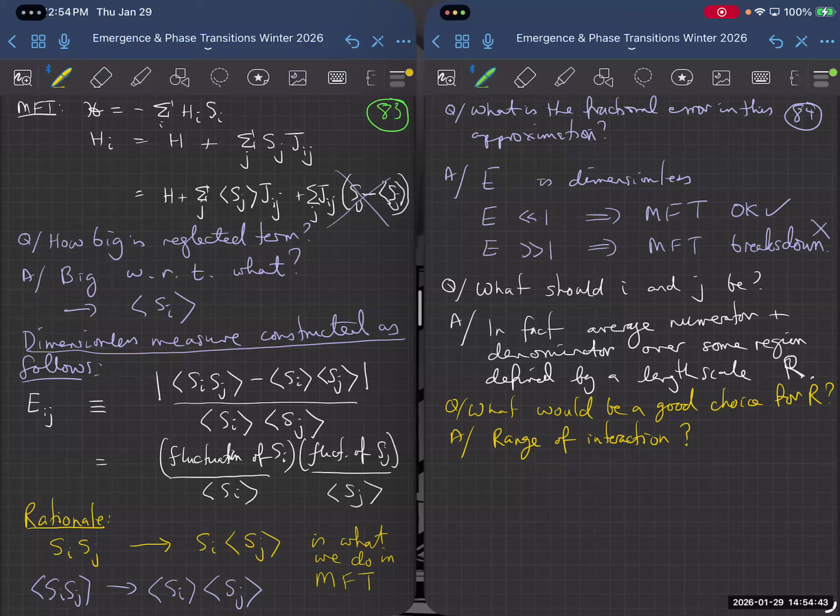What I showed you last time was that the range of correlations increases as you go towards the critical temperature, right? It's not just the range of interactions, which is always nearest neighbor. That doesn't change as you go towards the critical point. But the range of the correlations increases. Remember, that's how we started today's lecture.